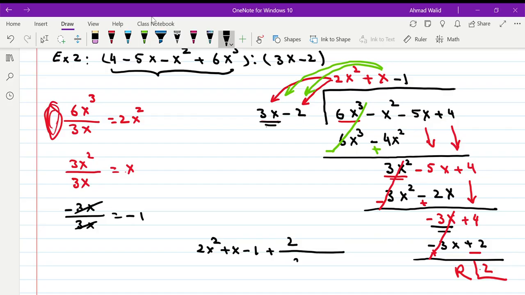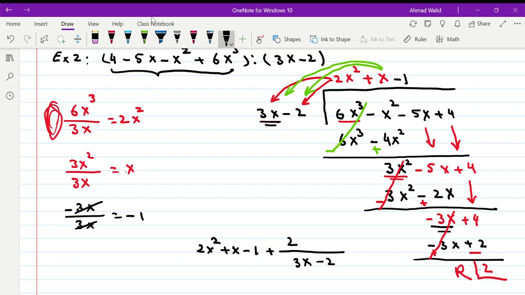Your divisor goes to the denominator, 3x minus 2. It's the same way that you learned in beginner math, writing a fraction with a number, right? Correct? It's the same way of writing. That will be your answer.